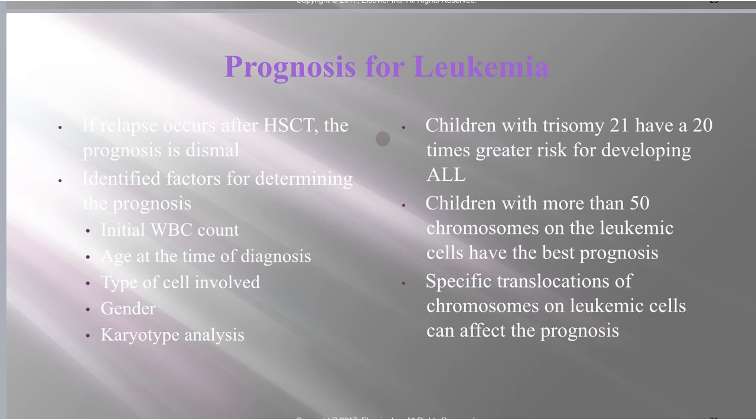So it's kind of interesting that we can look at that DNA and get a better idea. Also an interesting fact, which does not completely surprise me: children with trisomy 21 or Down syndrome have a 20 times greater risk for developing cancer than other children.